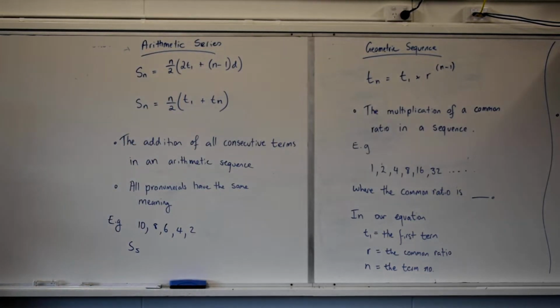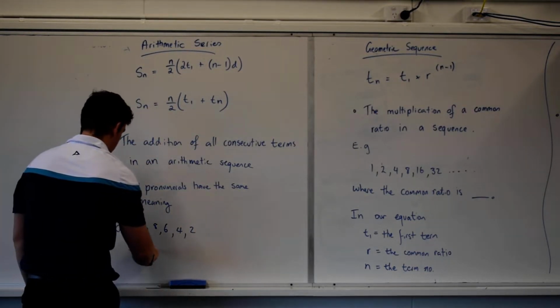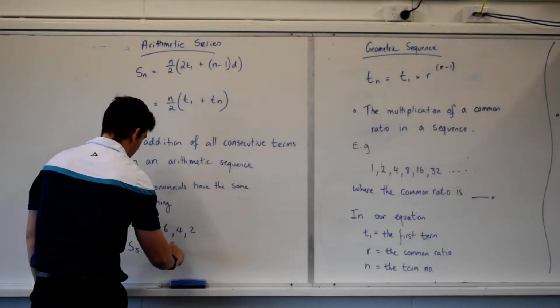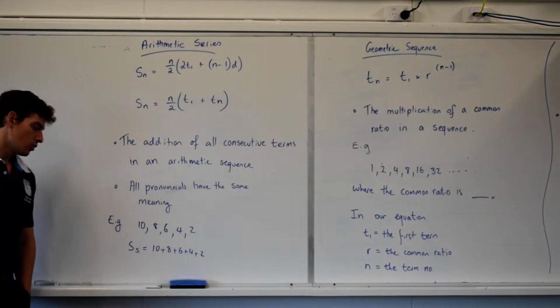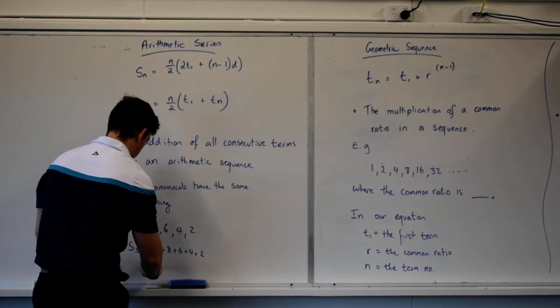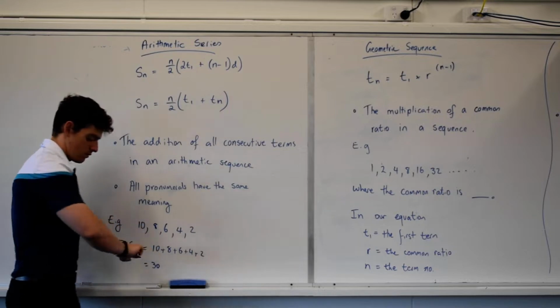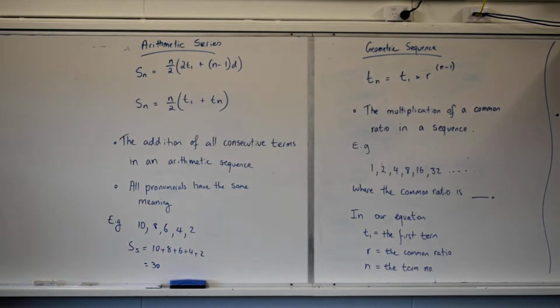I understand what that means. And what that essentially means is 10 plus 8 plus 6 plus 4 plus 2, which we would see as 30.